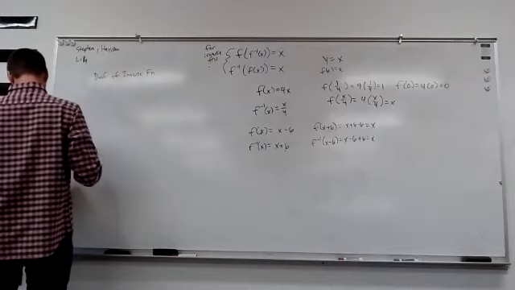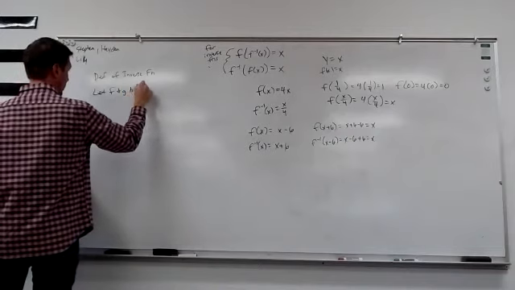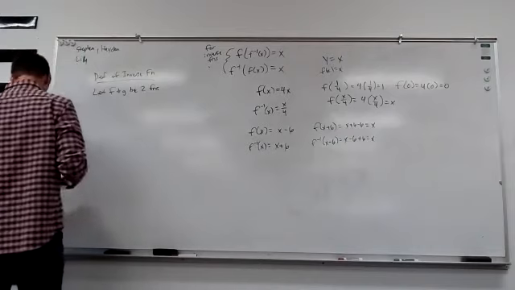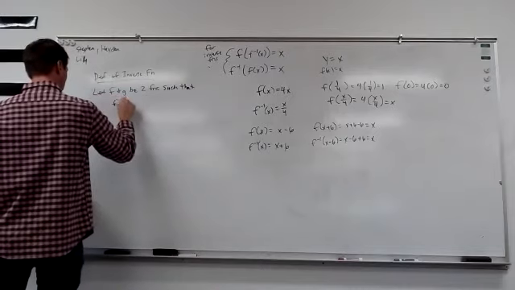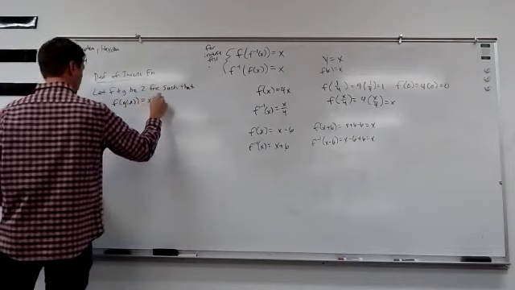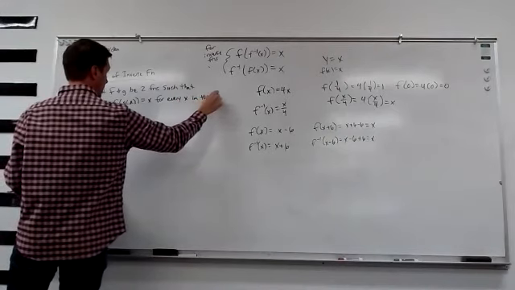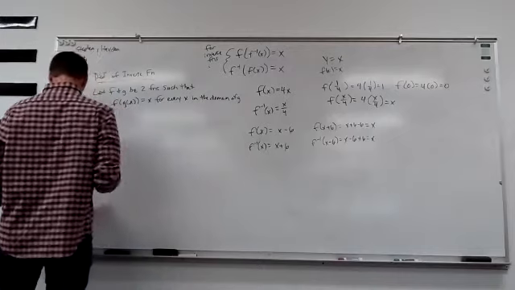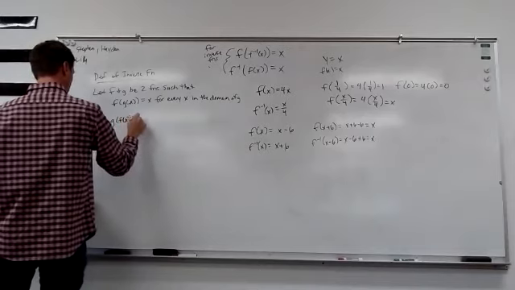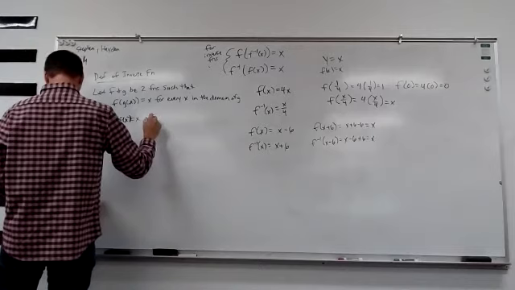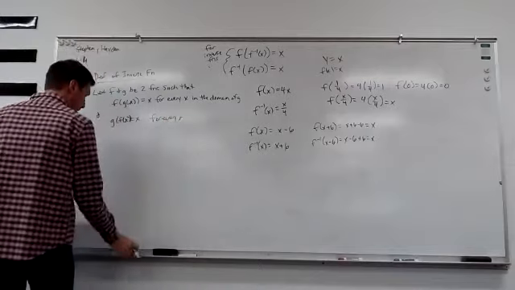Let f and g be two functions such that f of g of x equals x for every x in the domain of g, and the reverse of that has to be true. g of f of x equals x for every x in the domain of f.